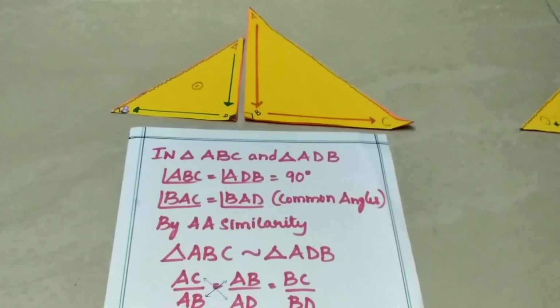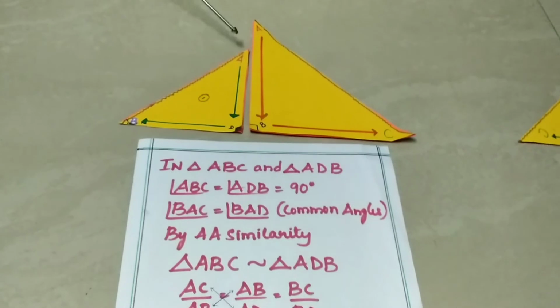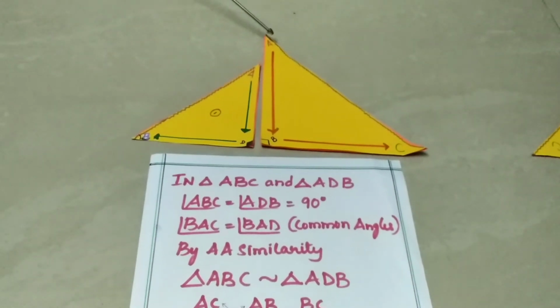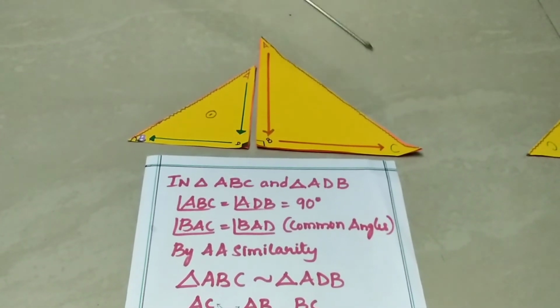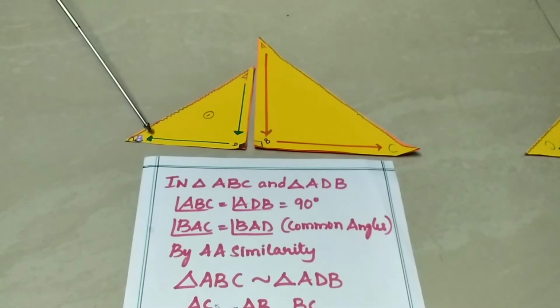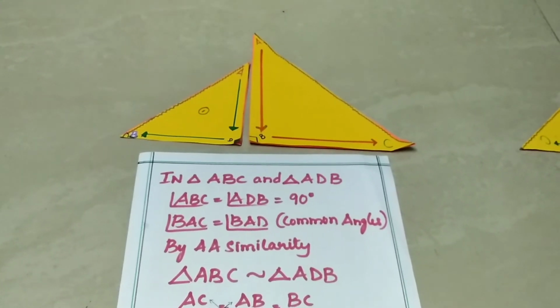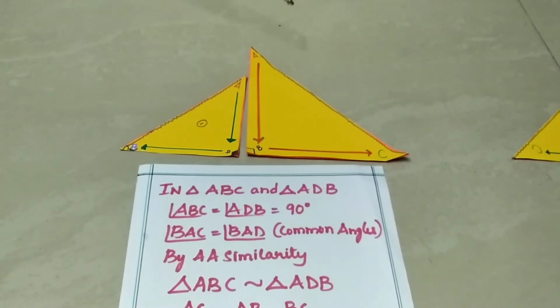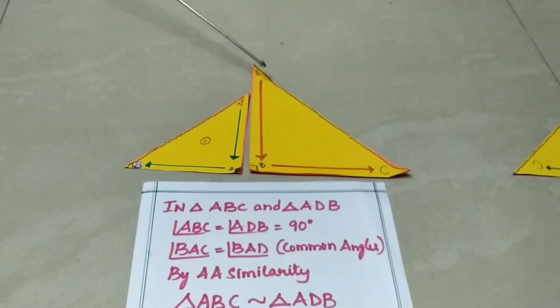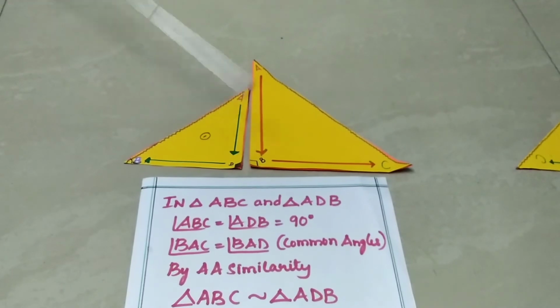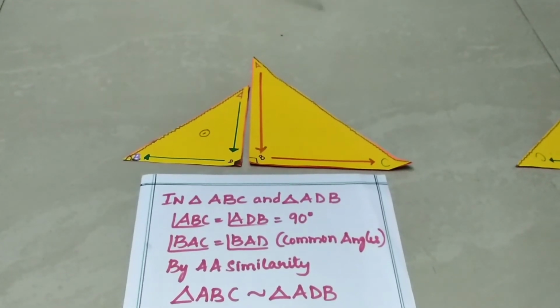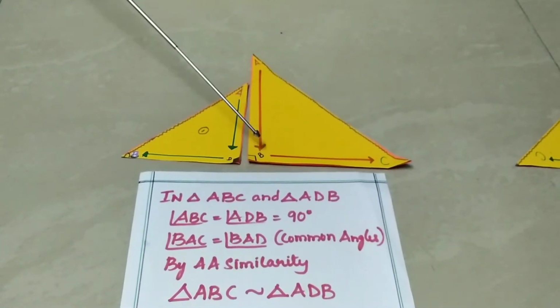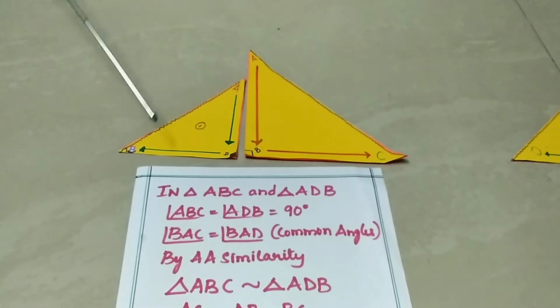Because of that, what can be written now? Again, by BPT, hypotenuse AC divided by AB, then AB by AD, and now base BC divided by BD.